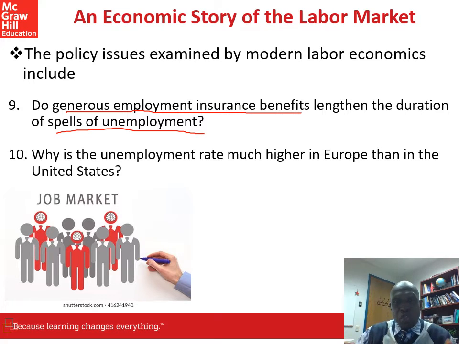The next policy issue is, why is the unemployment rate much higher in Europe than in the United States? So in the USA, unemployed workers can collect unemployment benefits for a period of 26 weeks or 6 months. After the period of 6 months, unemployed workers will not be able to collect the unemployment benefit. Therefore, they have to start looking for a job.